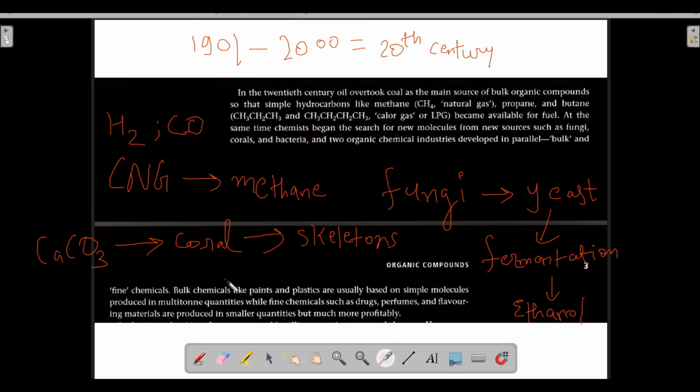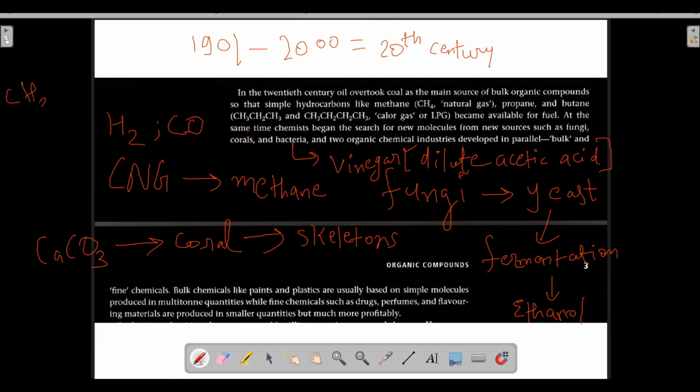And bacteria. Compound derived from bacteria: vinegar, which is dilute acetic acid. The formula of acetic acid is CH3COOH.